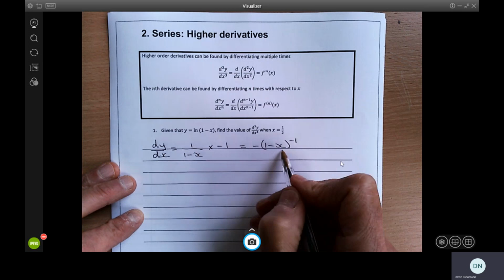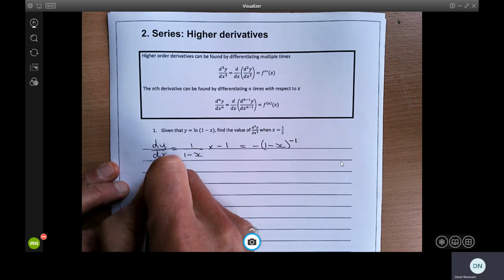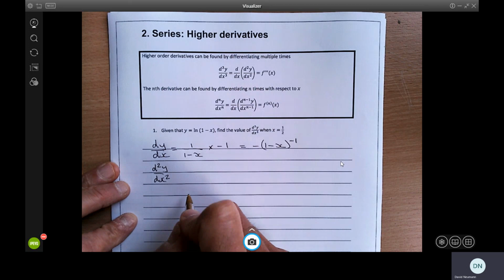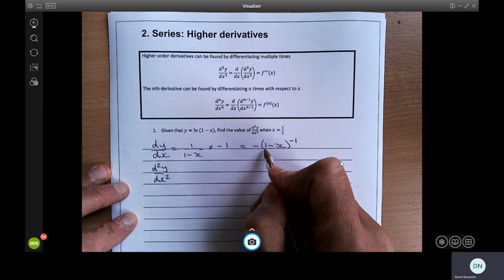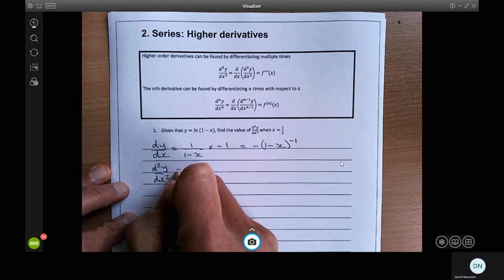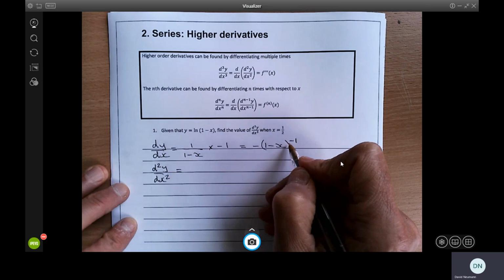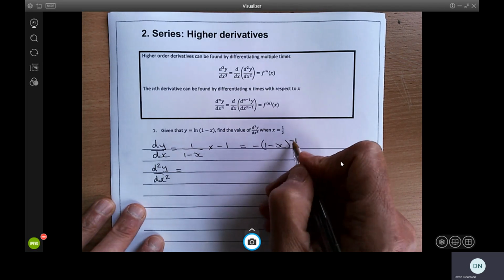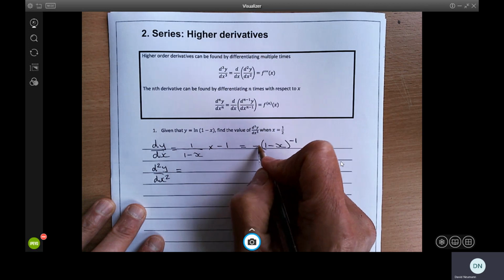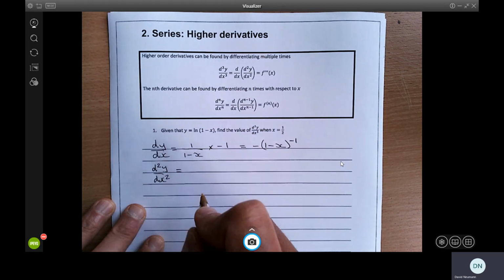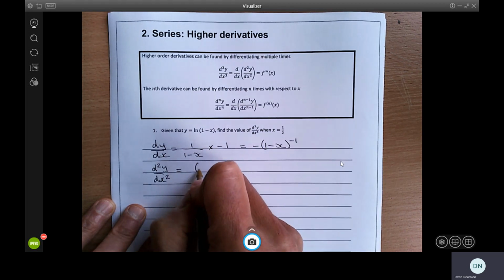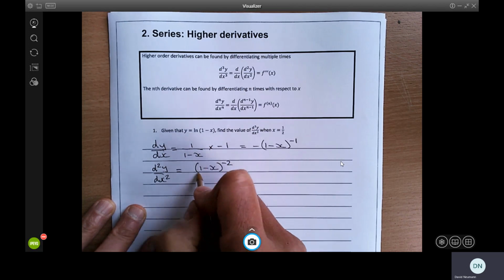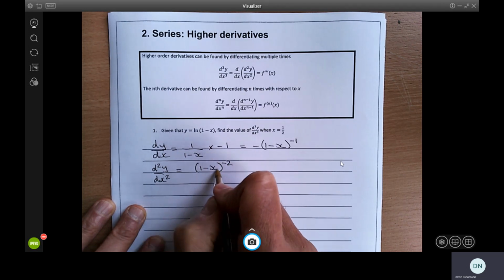Because we want to differentiate this again. So the second derivative, d2y by dx squared. Again, we can use the chain rule on this. When we differentiate this, we're going to reduce the power. So we're going to get the minus 1 times the minus, so we're not going to have a minus there: (1 minus x) to the power of minus 2, times differentiate what's inside, which is minus 1.